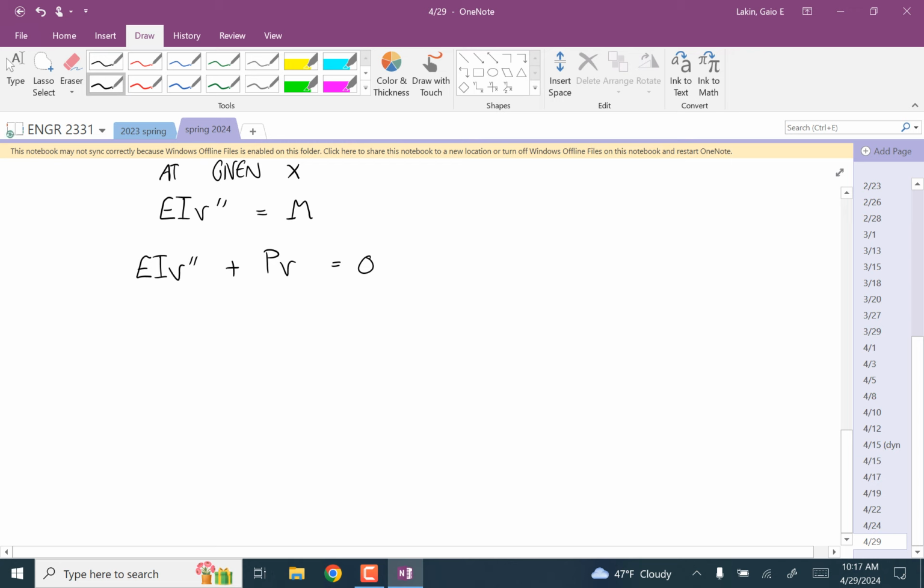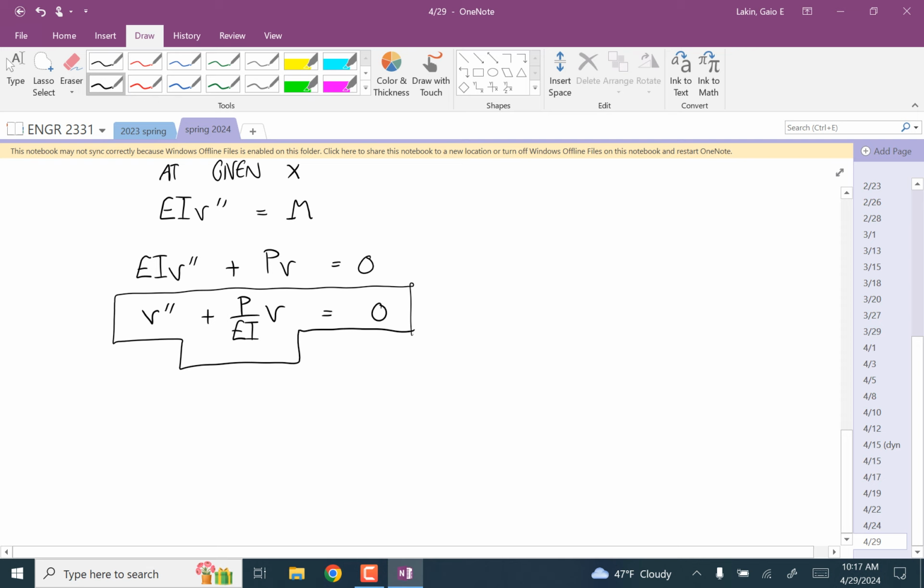I usually put it in the form with the leading term having a coefficient of 1. So divide everything by EI. You got V double prime plus P over EI times V is equal to 0. And that looks a lot like the undamped oscillator problem. You just have a different coefficient on your function.